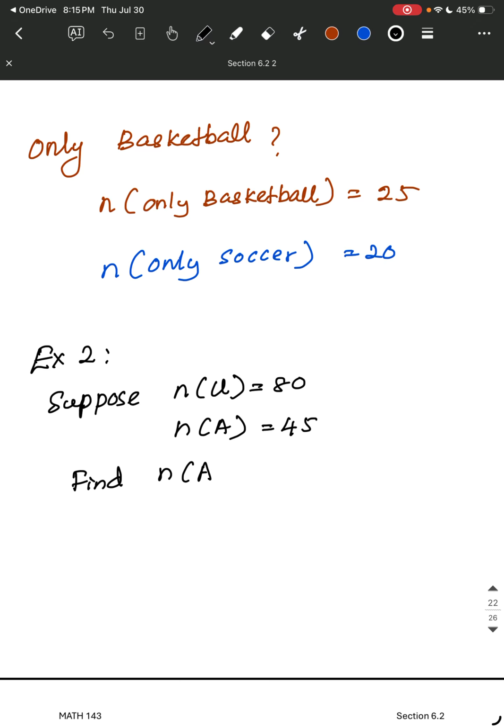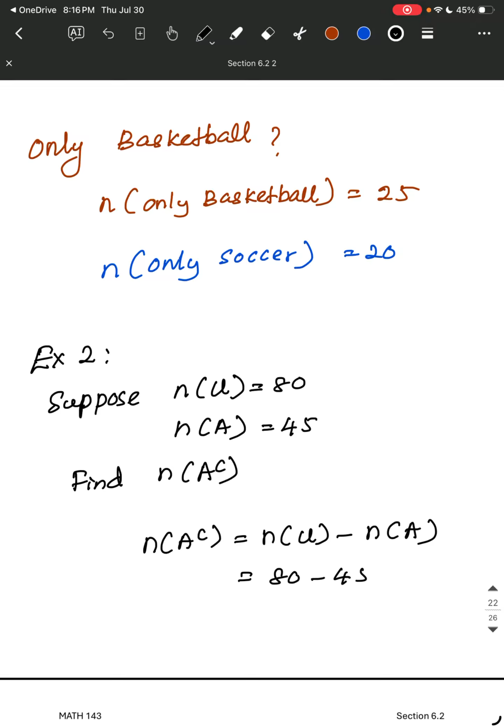The solution, pause the video first and try it by yourself. The number of entries in A complement equals the number of entries in the universal set minus the number of entries in set A. 80 minus 45, 35.